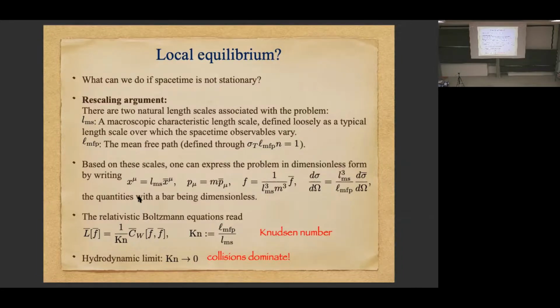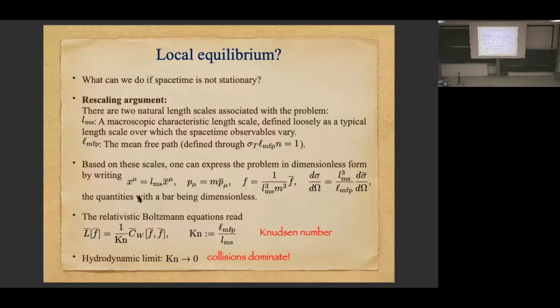The Boltzmann equation has basically two length scales associated to it. One is the macroscopic length scale, which I'm not going to try to define precisely, but loosely it's defined as a length scale over which the macroscopic quantities vary in a significant way. Okay, so you can maybe associate it with a spatial gradient of some of your observables.